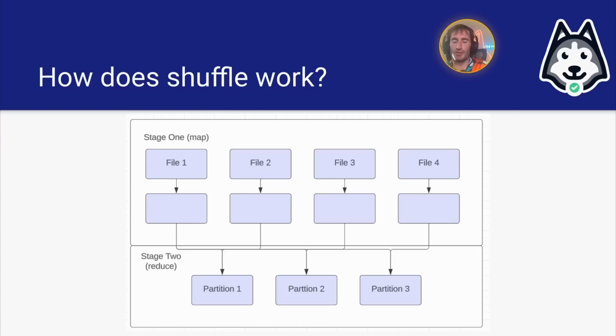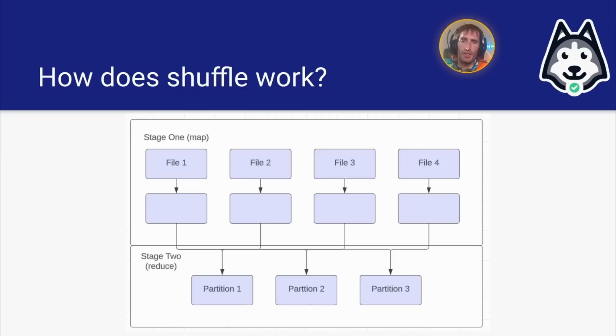Everything in file 1, all the user IDs, you divide the user ID by 3 and look at the remainder. If the remainder is 0, it goes to partition 1. If the remainder is 1, it goes to partition 2. If the remainder is 2, it goes to partition 3. And the same thing happens for file 2, file 3, and file 4. So all the data from file 4 will be spread across partition 1, partition 2, and partition 3, depending on where they're at.